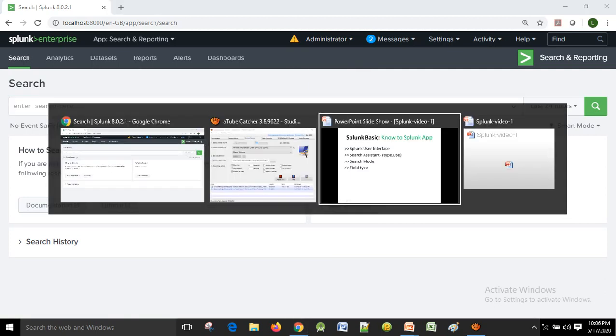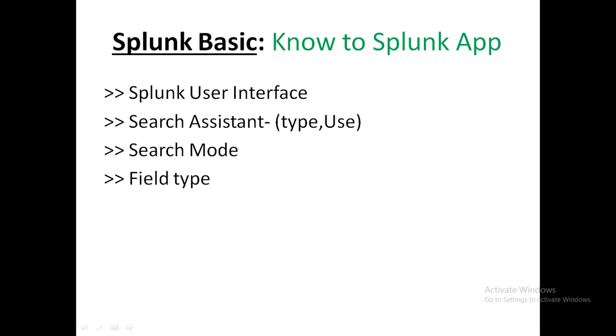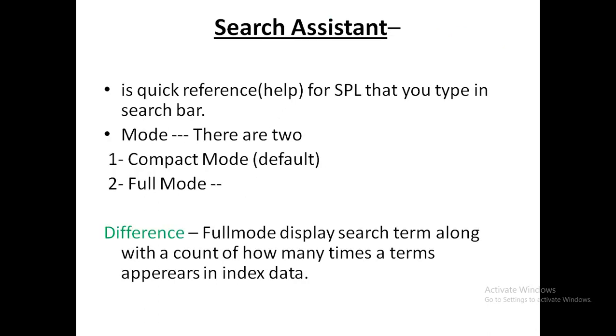Now my next topic is the search assistant. Before going too deep into Splunk, you should know about search assistants. What is the search assistant? Search assistant is a quick reference, meaning help.